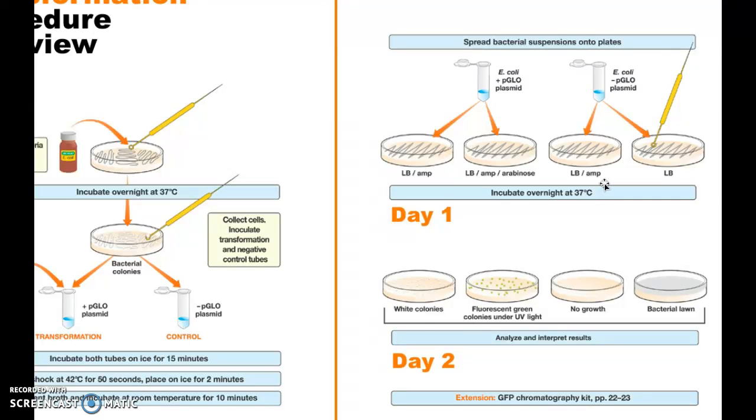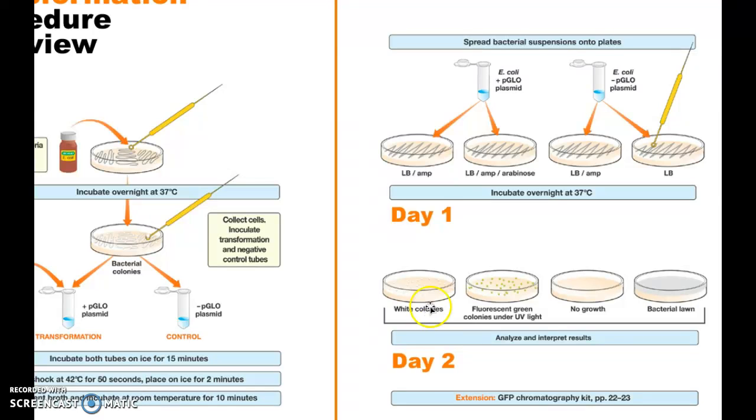So if the bacteria did not receive the pGLO plasmid, it's not going to have the ampicillin resistance, so this plate is not supposed to grow. And then we have the bacteria with the pGLO plasmid. So if a bacteria did take in the plasmid, it should be able to grow on the LB AMP plate because those bacteria are ampicillin resistant.